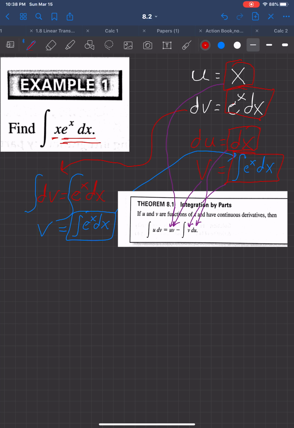So I'm going to leave the left-hand side of this equation alone for just a second. Let's see if I have everything in the right spots. In other words, let's see if I drew the arrows correctly. So we said it's going to be u times v.